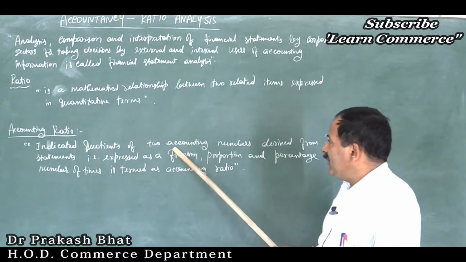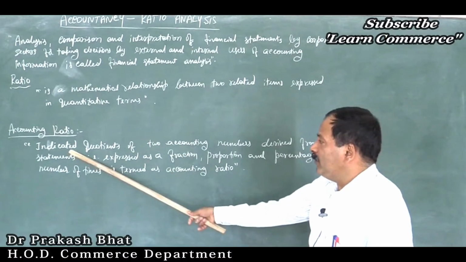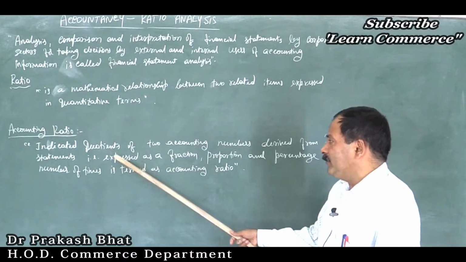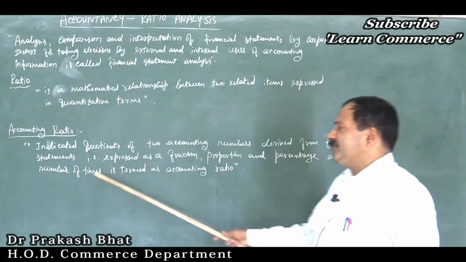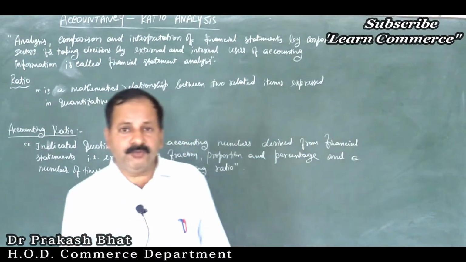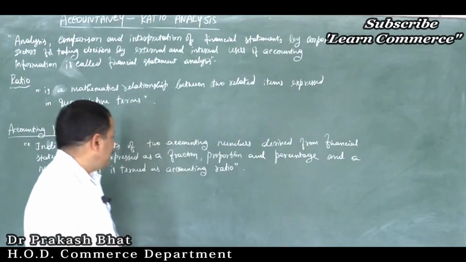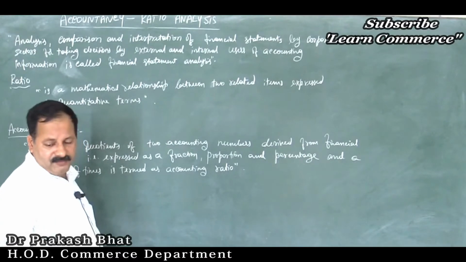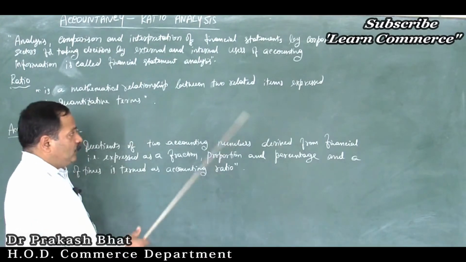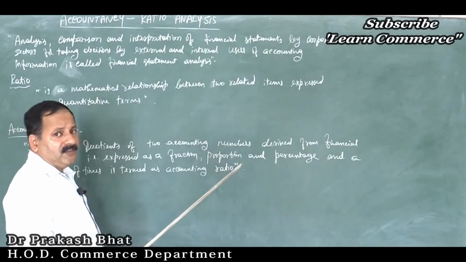Like that, when we indicate in the form of quotients of two accounting numbers derived from financial statements, those numbers should be taken from the financial statements, that is expressed as a fraction. Fraction in the sense 1 by 2 is to 1 by 4, isn't it? That is fraction.